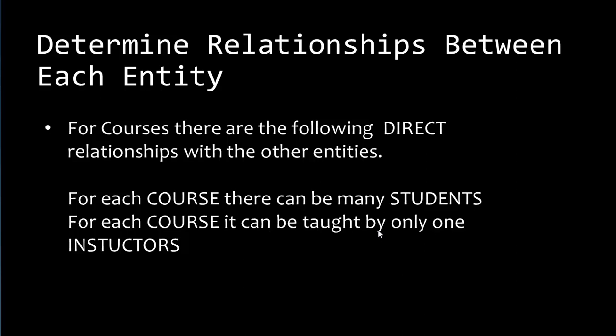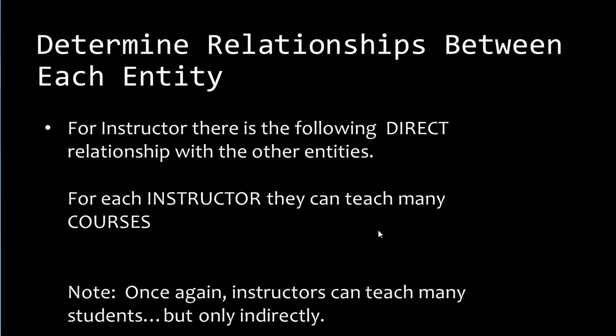If there wasn't, we probably wouldn't run the course. And then for each course, it can be taught by only one instructor. Those are the rules for this particular college, okay? In our college, we actually have situations where multiple instructors can teach a course, but for these particular requirements, we'll assume it is only going to be taught by one instructor, all right?